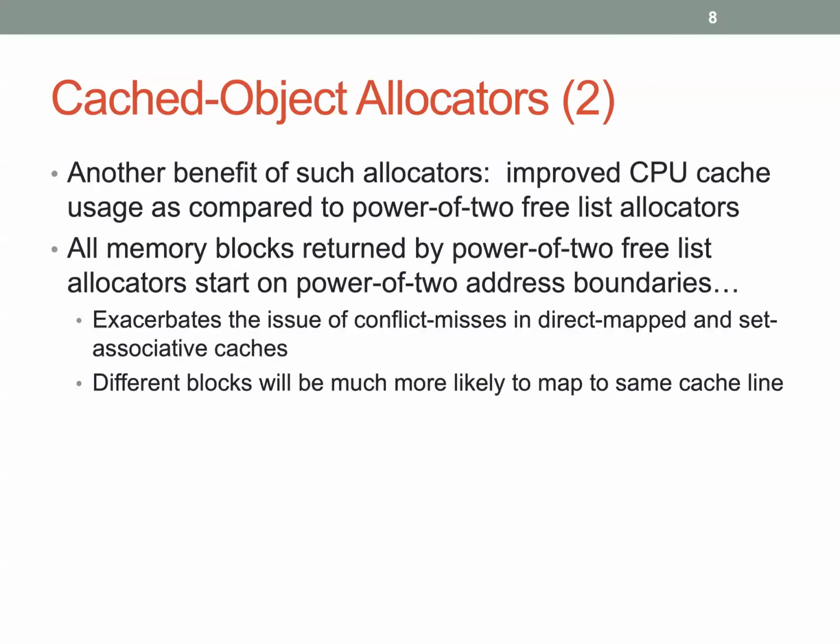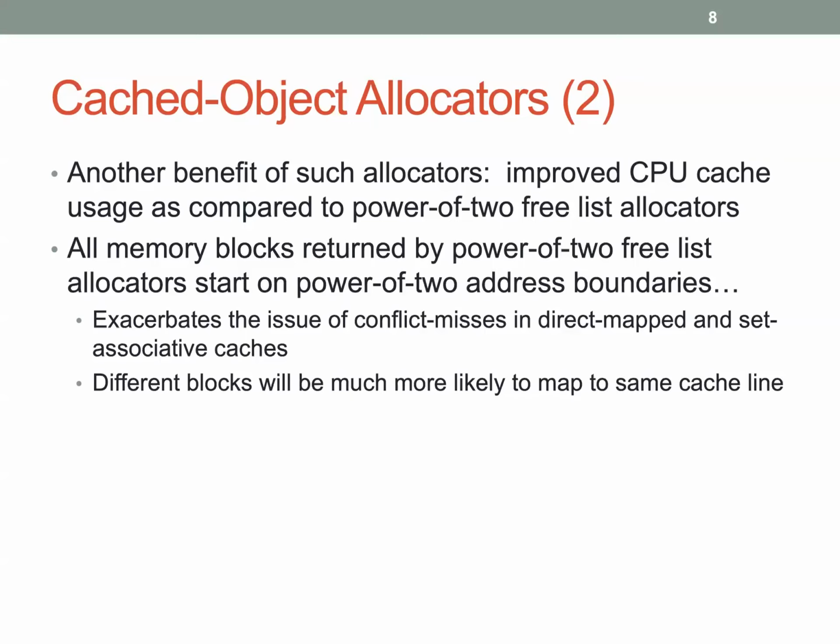So basically, when you have memory blocks that you're returning that are always aligned on powers of 2 or multiples of powers of 2, then that doesn't play very well with some of the most common hardware cache architectures. I mentioned direct map caches, and I mentioned set associative caches. These hardware caches have to be as fast as possible.